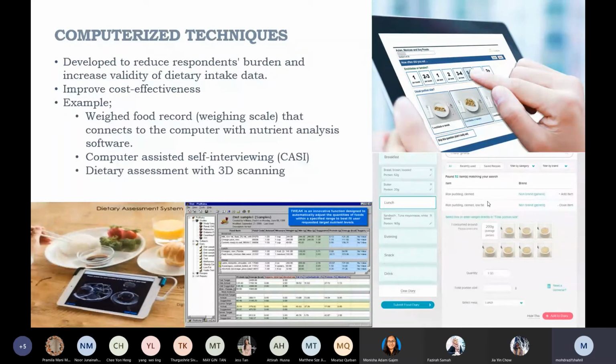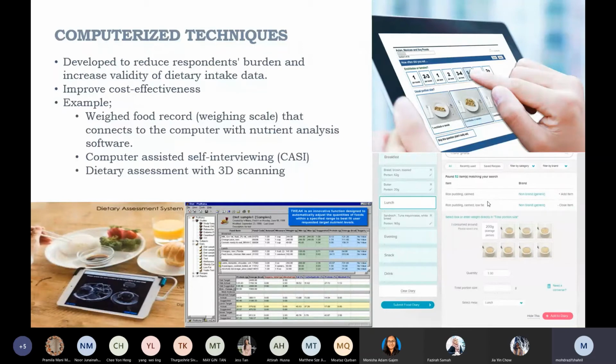It will be much easier for the respondent to respond to a computerized technique, because of the way the question is asked, and the way we can give more information on portion size and photographs. It will be much easier for the respondents to respond to our FFQ.